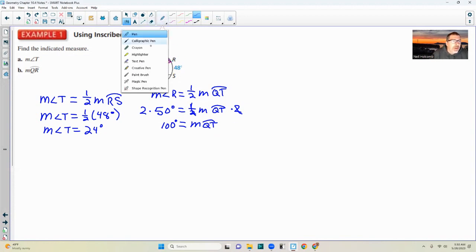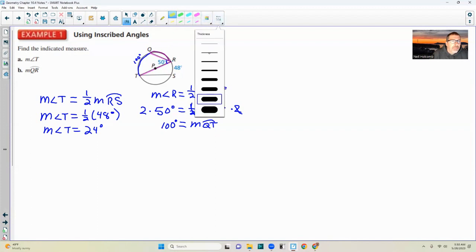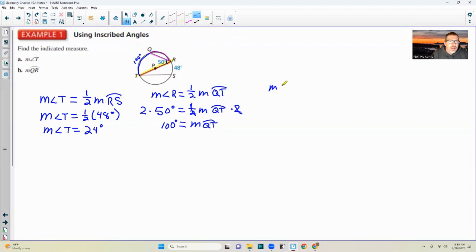But the key to this problem is this is a diameter right here. And that cuts the circle in half. Okay, so this is a semicircle. So I could say the measure of arc QT plus the measure of arc QR is a half a circle, which is 180 degrees.